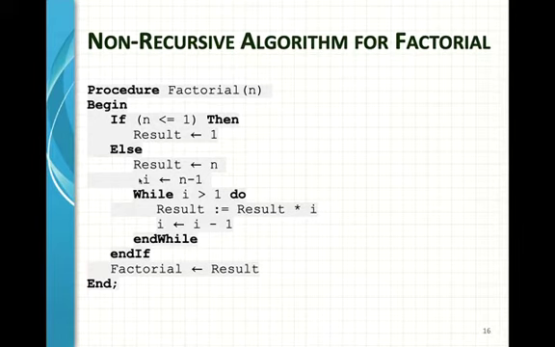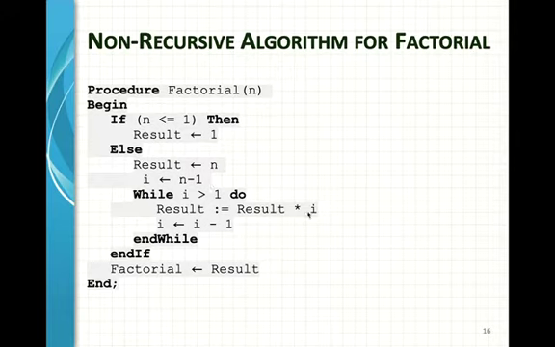Suppose result is a variable which contains n, and i is a variable which contains n minus 1. While i is greater than 1, we do the operations, and in this operation we do result into i. So first of all, result contains n, and i is n minus 1. If n is equal to 5, then i is 4.